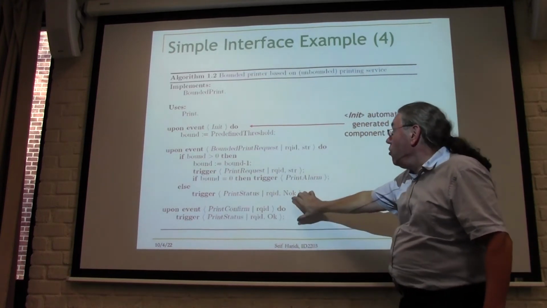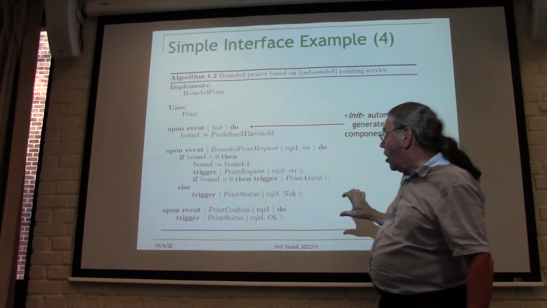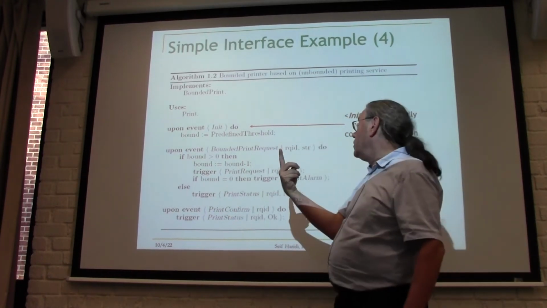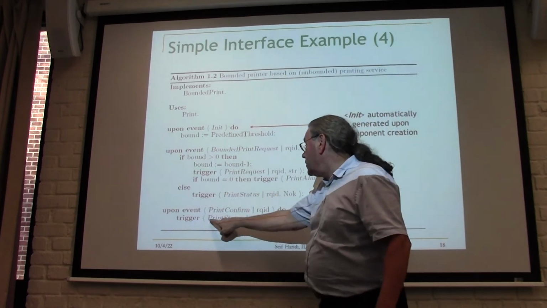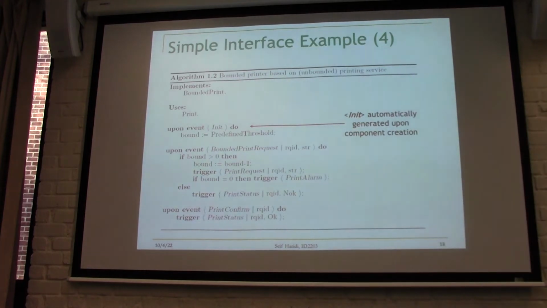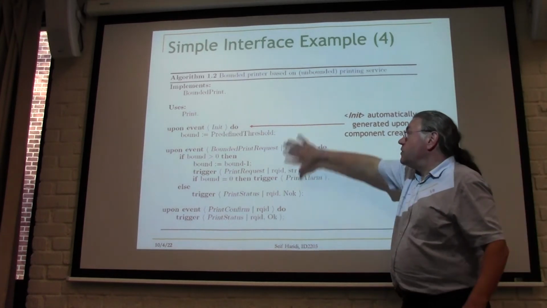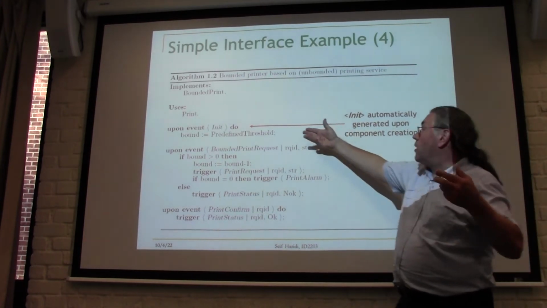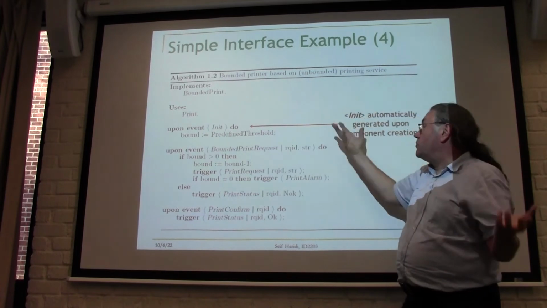And then there's a third piece of code. When I get the print confirm, which is coming from below, then I will trigger a print status. So I will send a message back up. So the print confirm comes from the print, and it causes the print status OK to be set. You see? So this is the code for bounded print, using a local variable, doing computations.